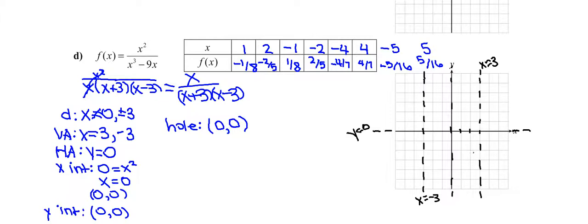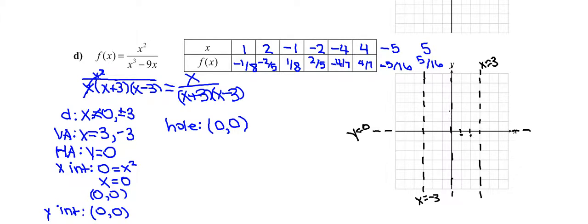Okay, starting to graph, our first point, when x is 1, f of x is -1/8, so we can just do a point there. And then when x is 2, f of x is -2/5, so over there.